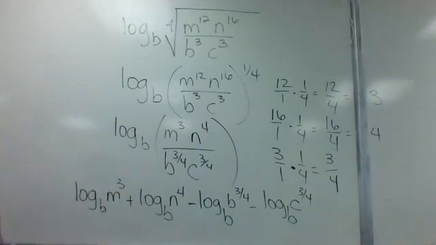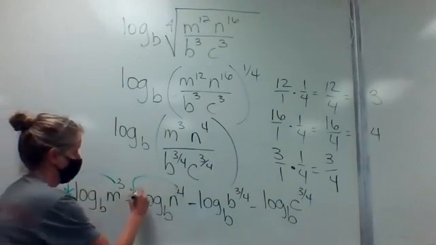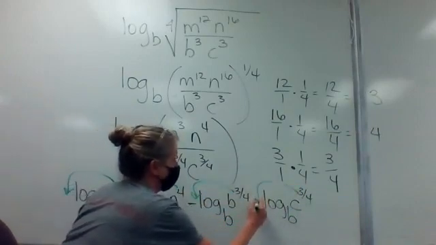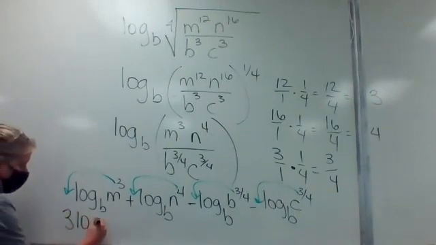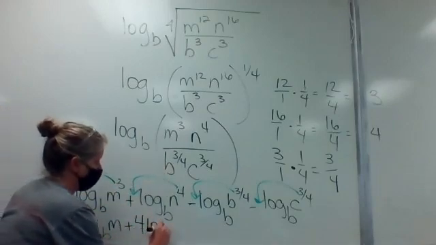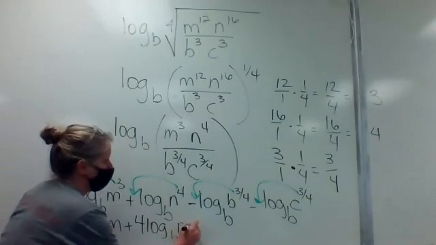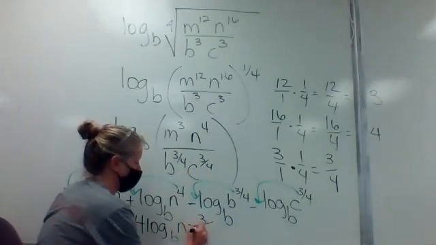Now, everybody's got exponents, so dropping down the exponents. This one will be 3 log base b of m plus, drop down this exponent, 4 log base b of n minus, now look here, dropping down the 3/4.